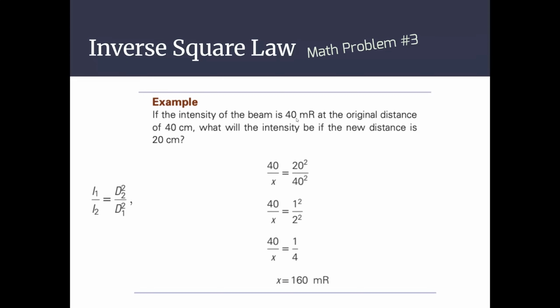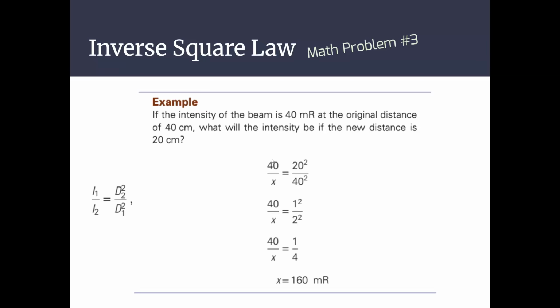So if the intensity of the beam is 40 MR at the original distance of 40 centimeters, what will the new intensity be if the new distance is 20 centimeters? So again, we just need to take these numbers and plug them into our formula. The beam is 40 MR, which is the original intensity, which would be I1.